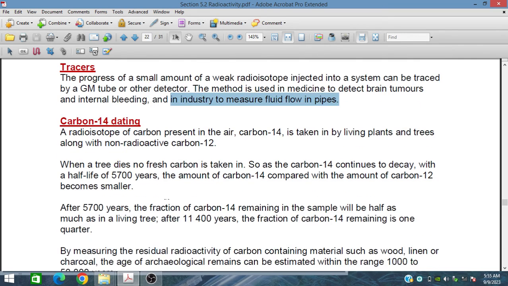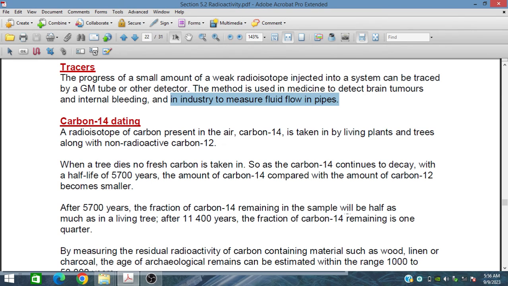Carbon dating is used to estimate the age of plants or trees. When a tree dies, no fresh carbon is taken in, so the carbon-14 continues to decay with its half-life.